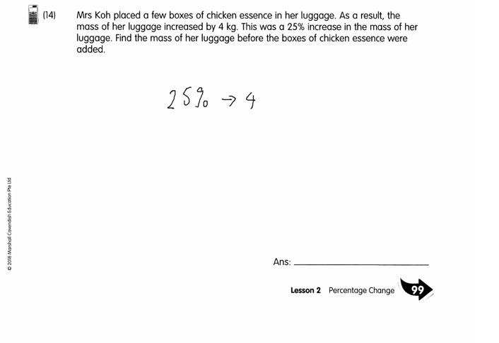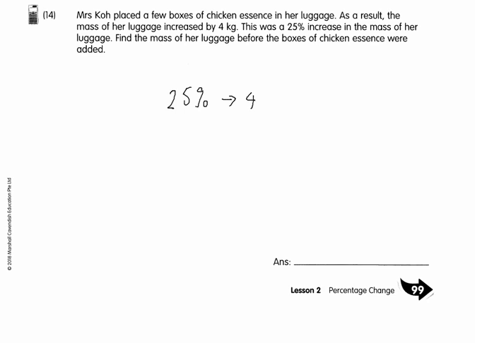Right? So find the mass of the luggage before the boxes of chicken essence were added. So the mass of her luggage in terms of percentage, what is it before the chicken essence was added? Call it out. 100%, right? Correct or wrong? So before the chicken essence was added is 100%.